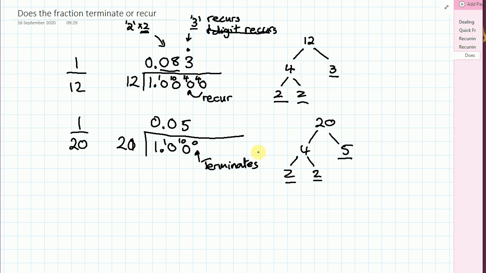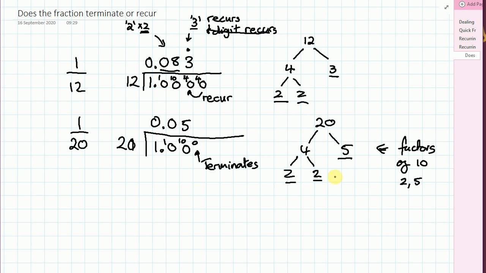So that's the basic reason anyway, for recurring and terminating. Look at the prime factors of the denominator, when simplified. It must have been simplified. If you have any prime factors which are not 2 and 5, then the number will not terminate, it will recur. And for the 2s and 5s, we take the maximum.